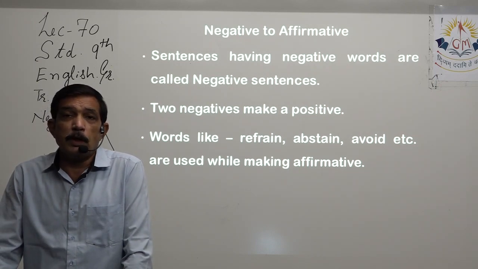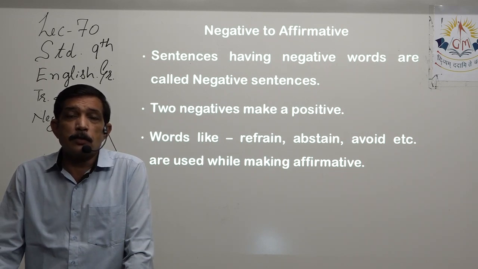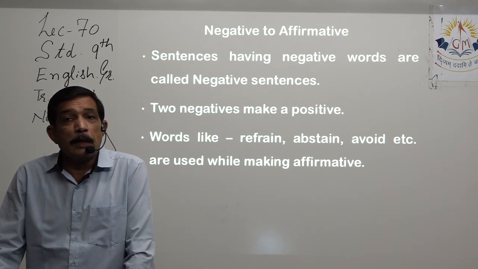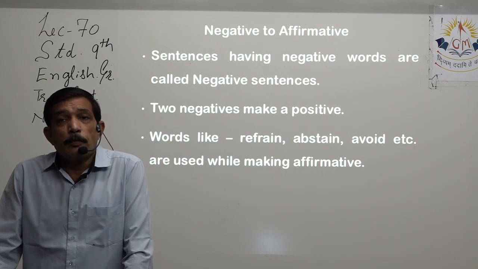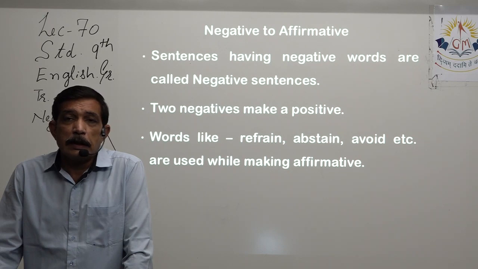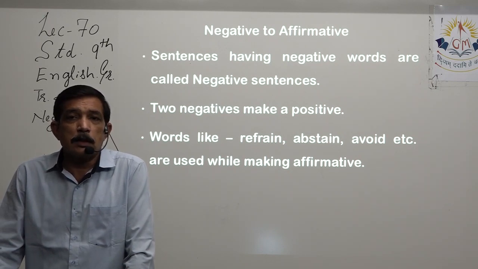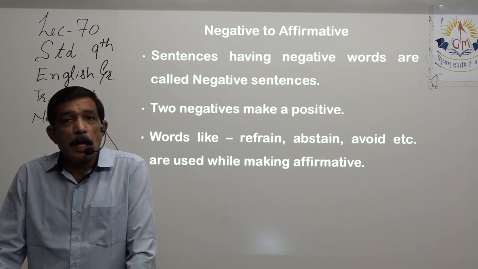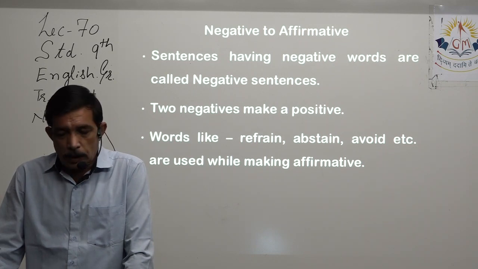In a sentence which has two negative words like no, not, nor, never, neither, the overall effect of that sentence is positive. We just need to remove the two negatives and see that the grammar of the sentence is correct, and we can get an answer by just removing the two negatives.